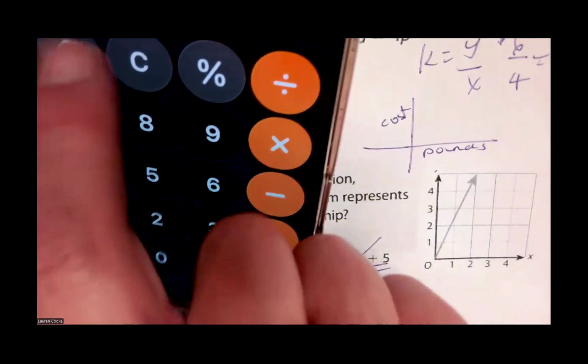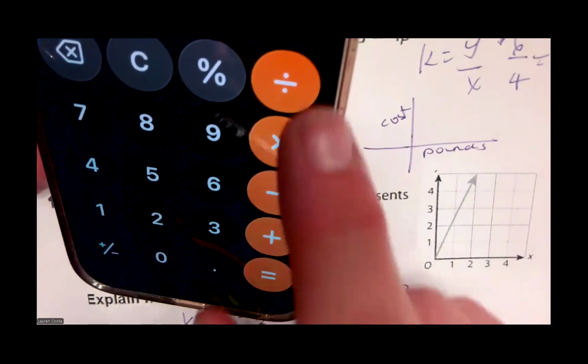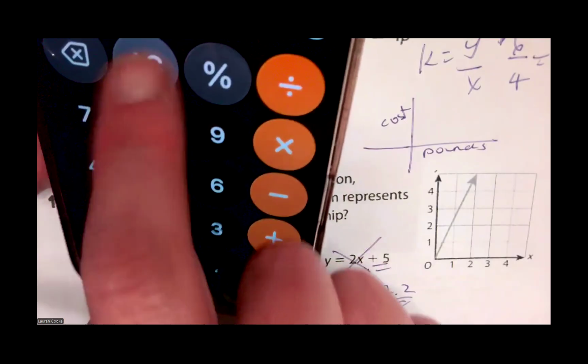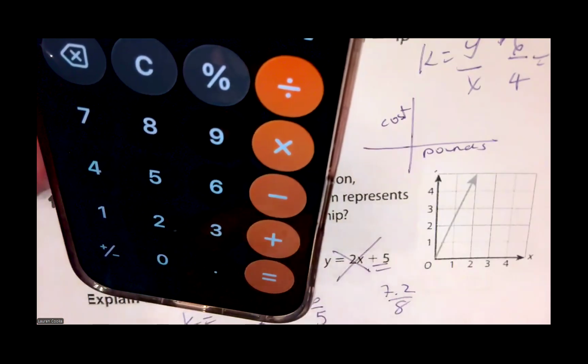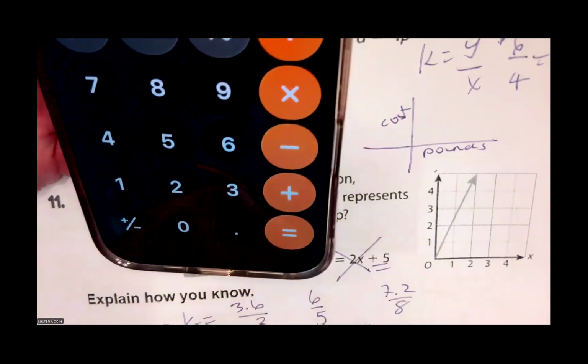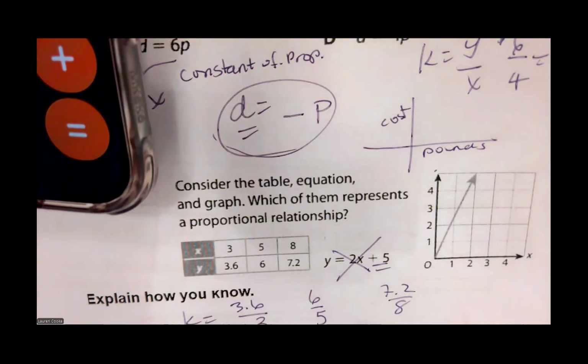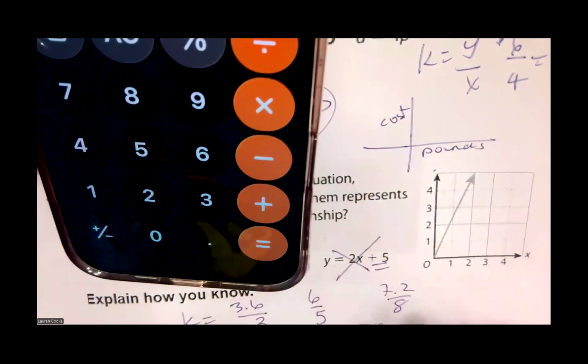7.2 divided by, shoot, what am I dividing by? Oh, 8 here. Okay, and this is 0 and 9/10.